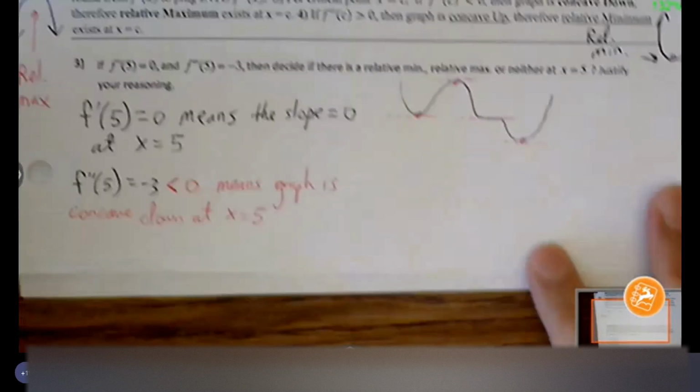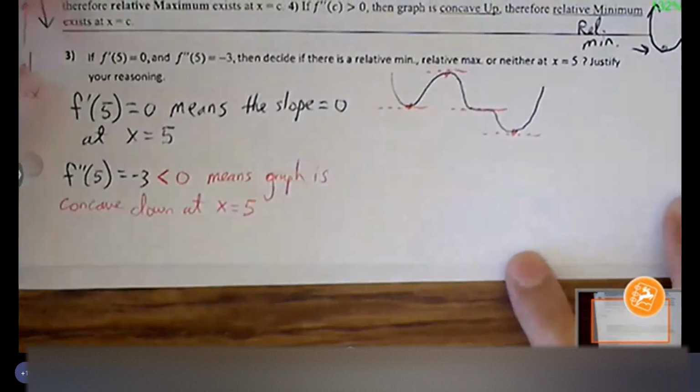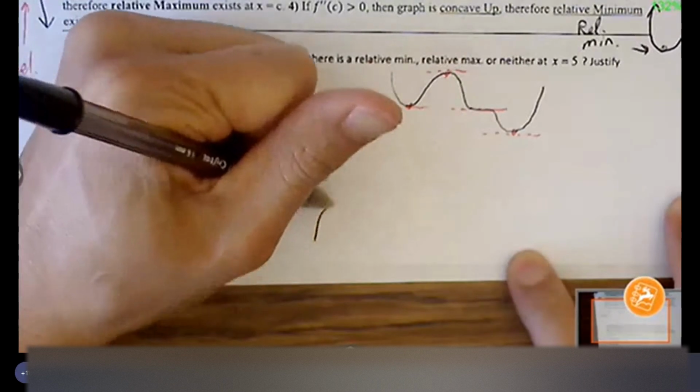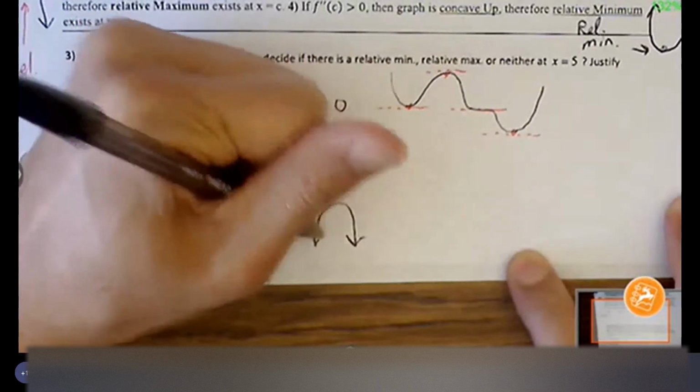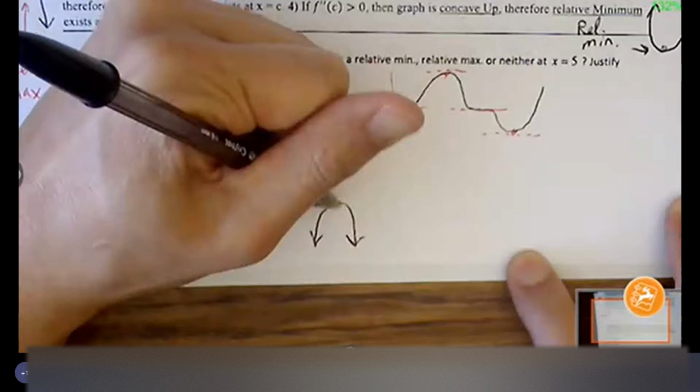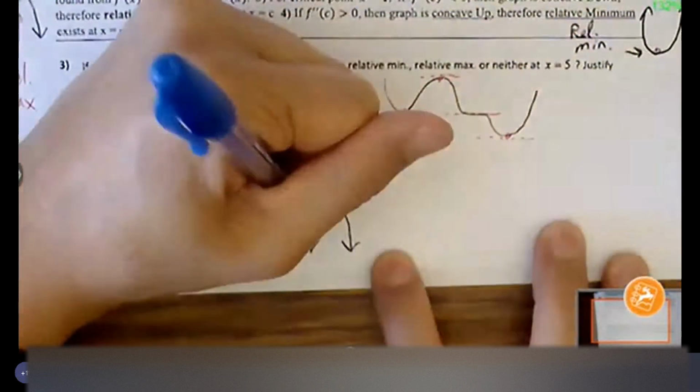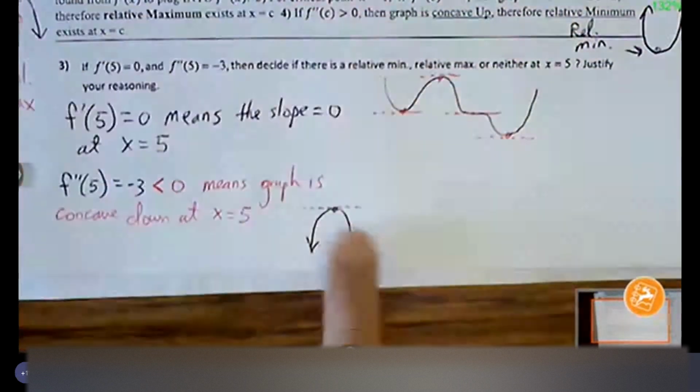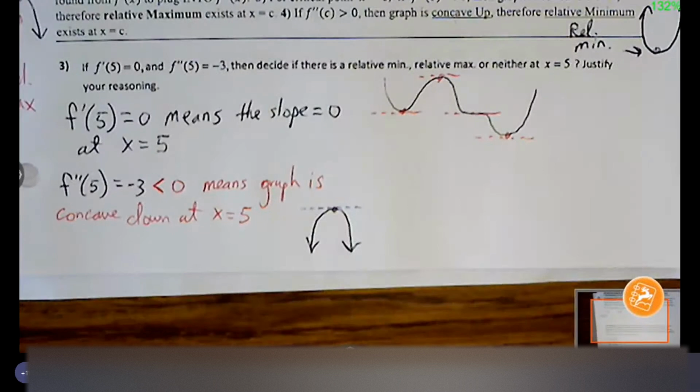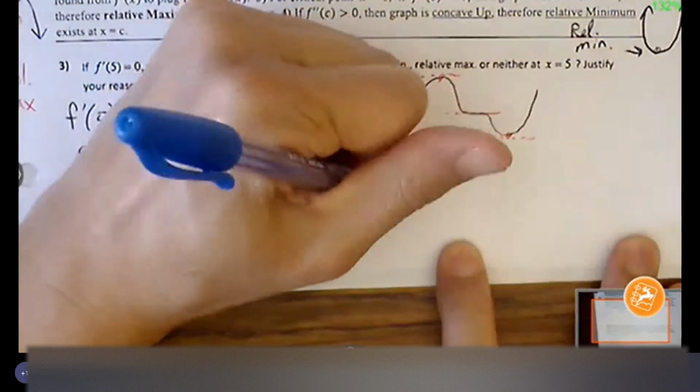And if my graph is concave down, that means my graph is going to look like this. And if my graph looks like this along with slope 0, I can conclude that there must be a what? Yeah, relative max.